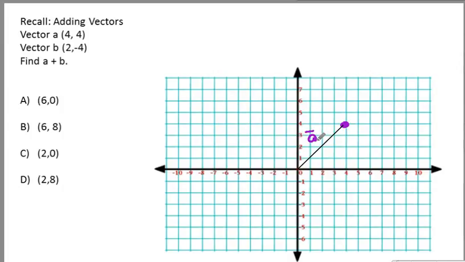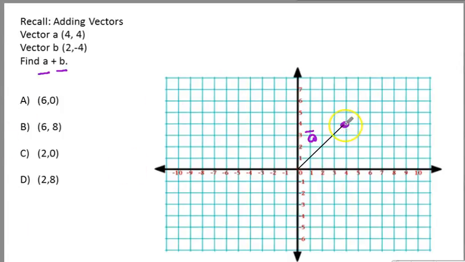Vector B, if I was just going to measure the vector, would start at the origin and go to the right 2, down 4, but that's not what we're going to do. We're going to be adding the vectors, and if we add B onto A, what that means is I start at the end of vector A and add B onto it.